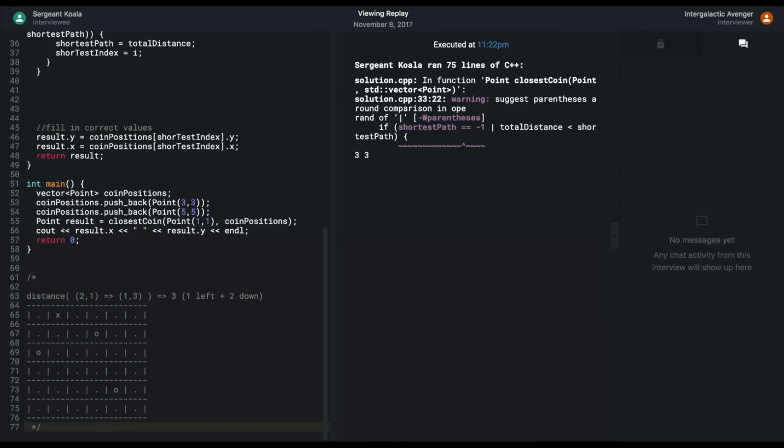Even if the board were full of coins, every single square a coin, and the board is n by n, that algorithm would take n squared time, because it runs proportional to the number of coins, and there would be n squared coins.